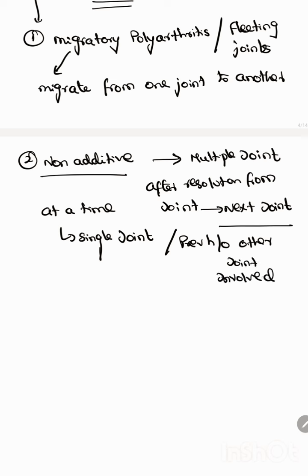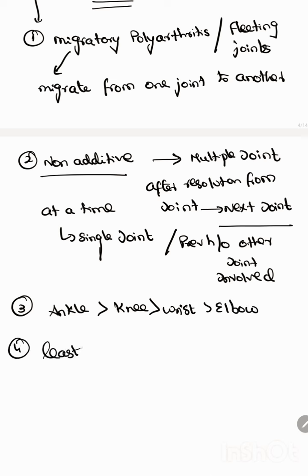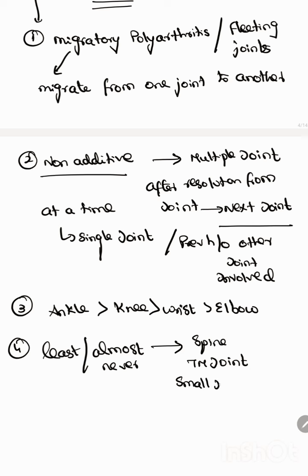So, what are the common joints that are involved? First, ankle, followed by knee, followed by wrist, followed by elbow. And what are the least or almost never involved joints? Spine, TM joint, and small joints of fingers. There is also an exception to this rule.